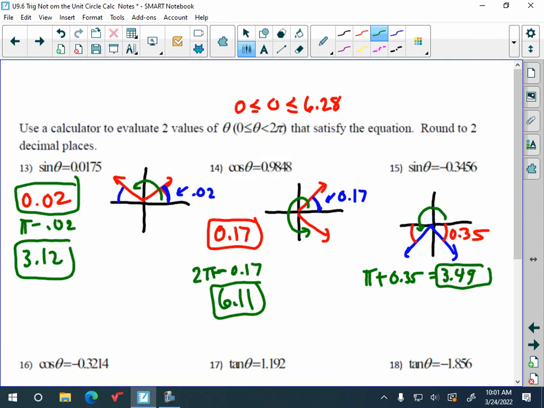All right, then how do we find the one in quadrant 4? 2 pi minus 0.35. And so it should be 5.93.